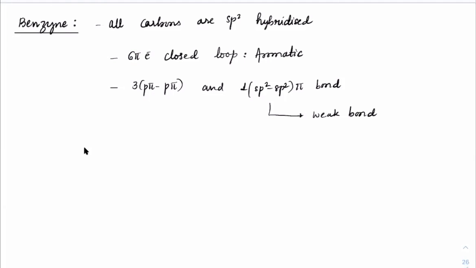How do we need to represent it? Normally when it comes to benzene, we show it as a circle here, and outside if we show a bond here, that is called a benzene bond. If you see it orbital-wise, it is like this. This is a canonical form, and this carbon has one sp2 hybridized orbital which has only one electron present in it. So one electron here and one electron here, both of them will make a pi bond between them.